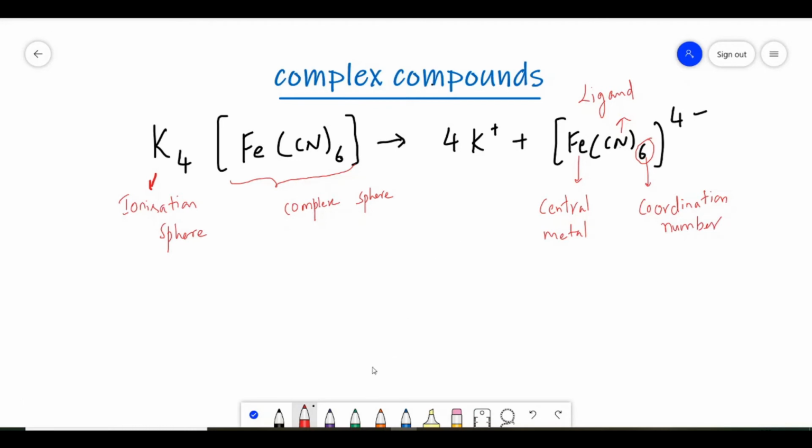Now based on the coordination number, we can also tell the structure. In complexes, mostly you will be getting coordination number 4.